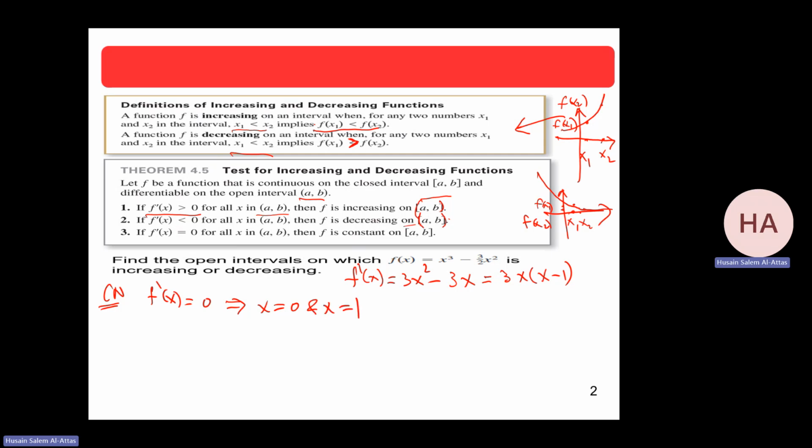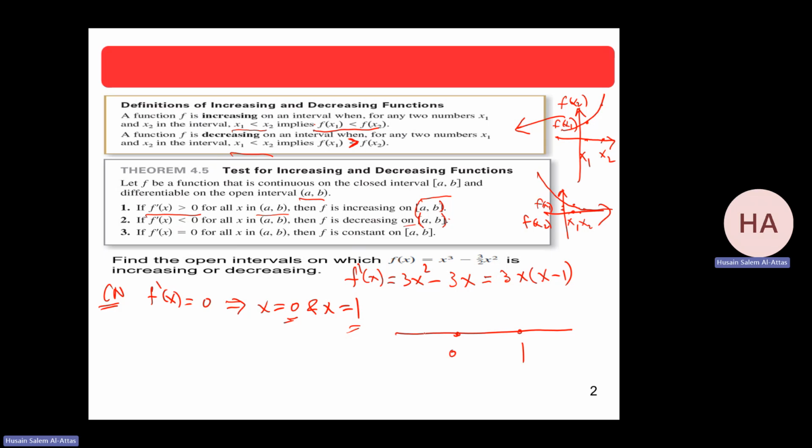Now to check the sign of something, I just need to find the zeros of that function, and then I will split the number line according to these zeros. Now I have 3 regions, this region, this region, this region. I need to check a point in each region.